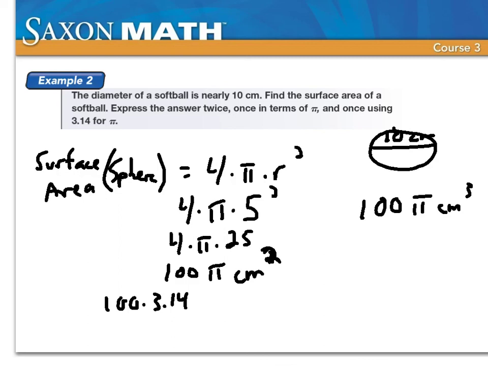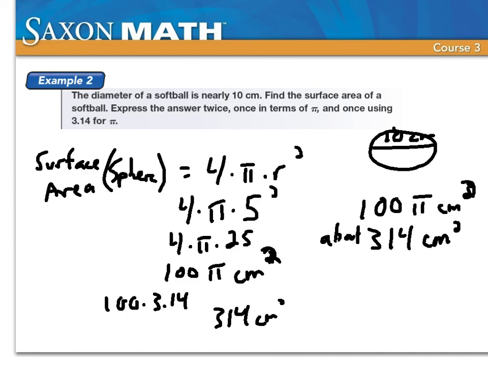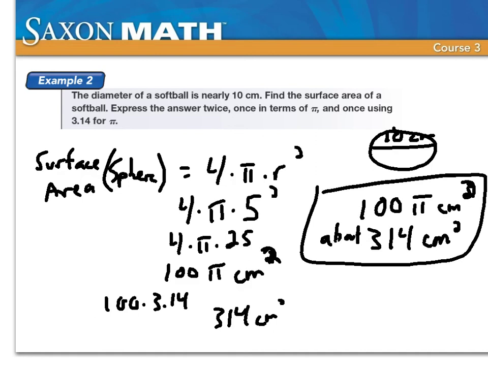Okay, and 100 times 3.14 is 314 centimeters squared. So that's my other answer. 100 pi centimeters squared, or about 314 centimeters squared for the surface area of the sphere.